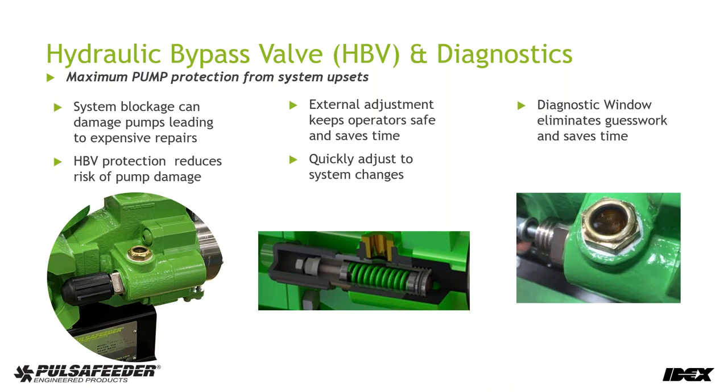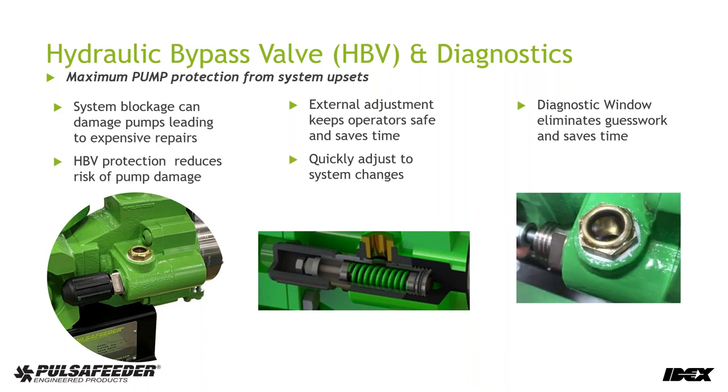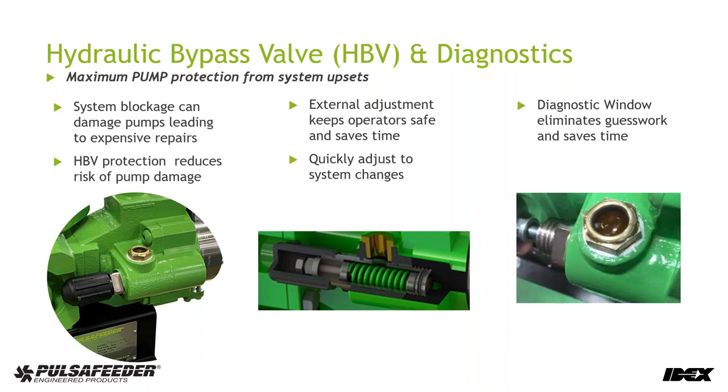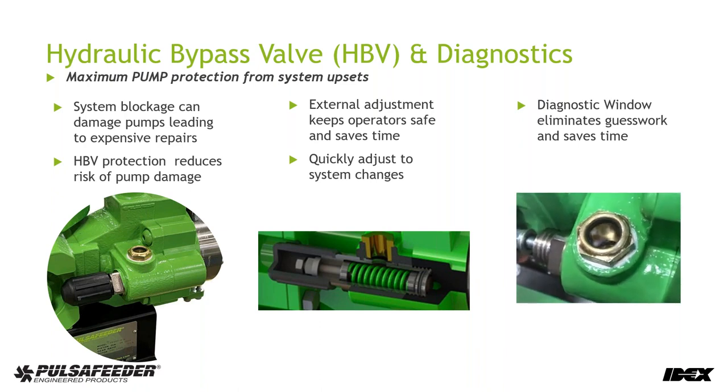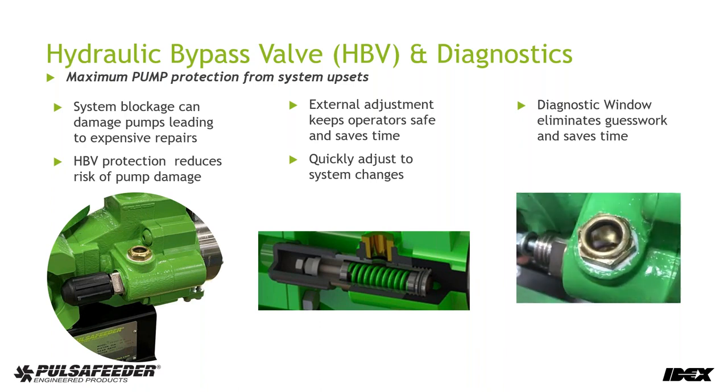And with that being said, that means you have increased life of the pump. You have protection in the event of a system upset, and it helps you evaluate the condition of the pump while it's operating.